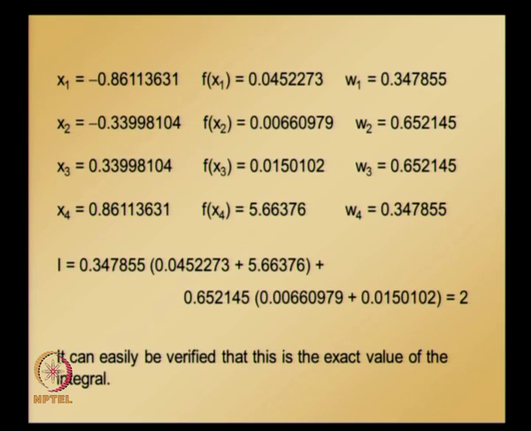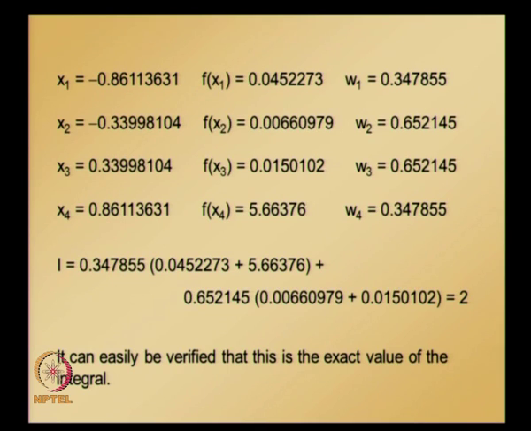and if you check, it can easily be verified that this is the exact value of the integral, because before we started out using Gauss quadrature to evaluate this integral, we noted down the exact solution for this problem, which is 2.